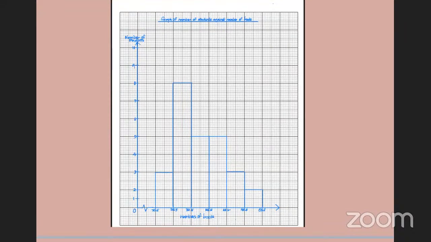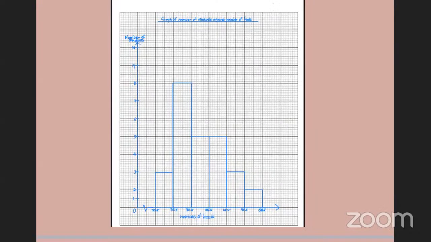Since you guys have the data set, can you just draw a graph and send a link? How long do you need to complete the graph?